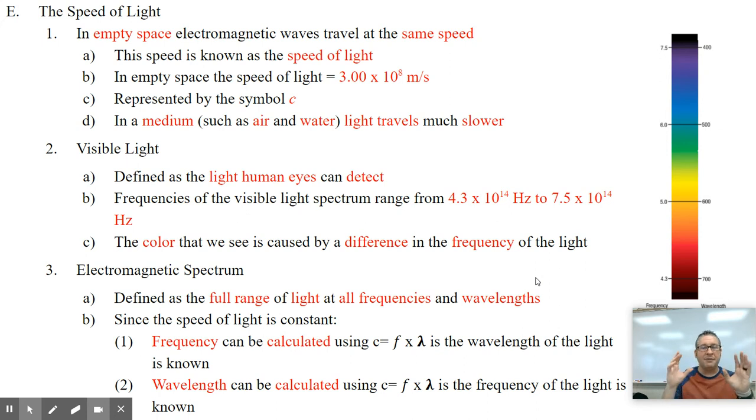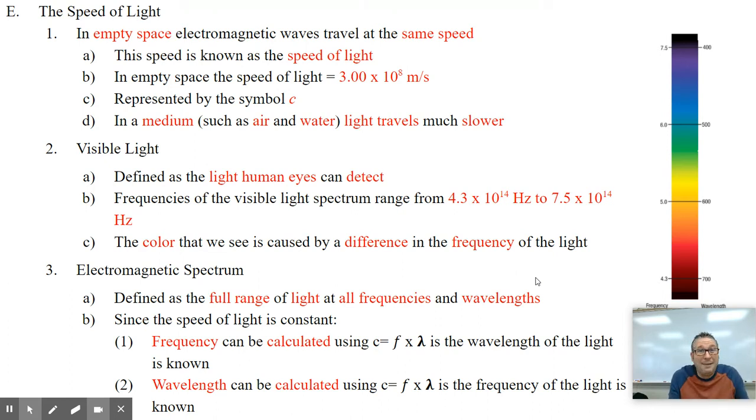Visible light, we have a very small window of light frequencies that we can actually see. And what visible light is, human eyes can detect. The visible light spectrum frequencies range from about 4.3 times 10 to the 14th hertz to 7.5 times 10 to the 14th hertz.